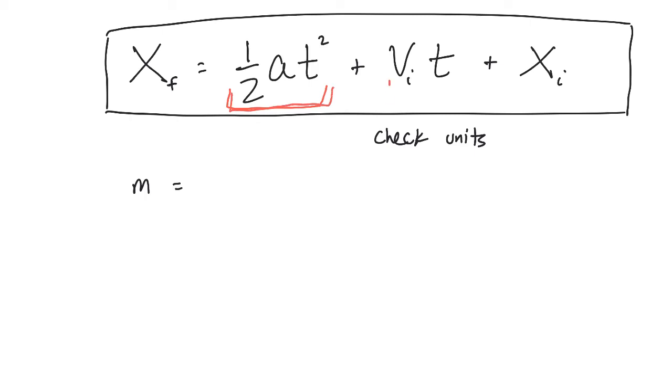That's a term, this is a term, and this is a term. So you'll get some units, some units, and some units, and there's only one possible result that you can get. We have to have meters plus meters plus meters. So prove that we get meters, meters, and meters. Pause the video and try it.